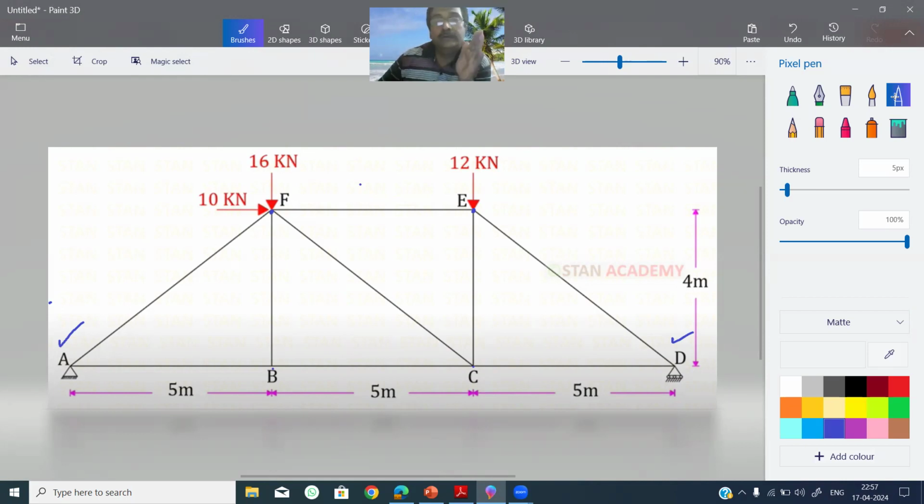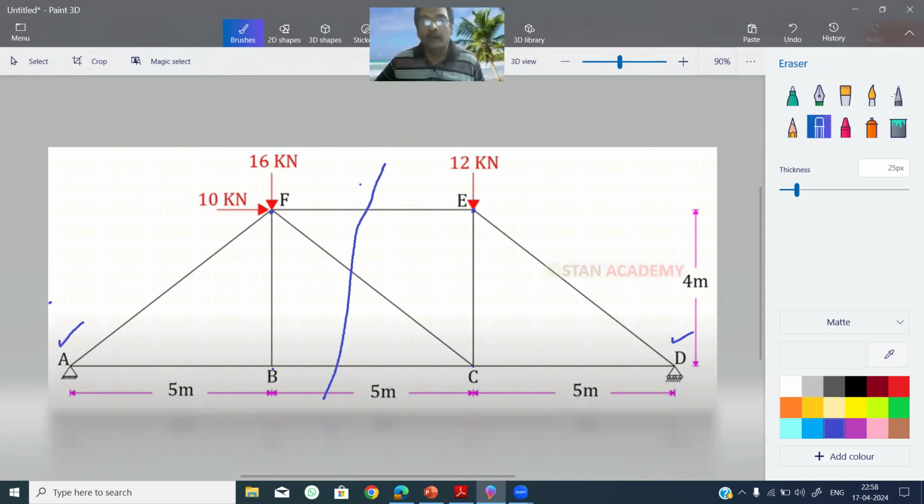The section you need to select in such a way that it passes through the members whose forces are required. Suppose I need FE, FC, and BC. So I need to take a section passing through these three. That means this section is dividing this particular truss into two parts.